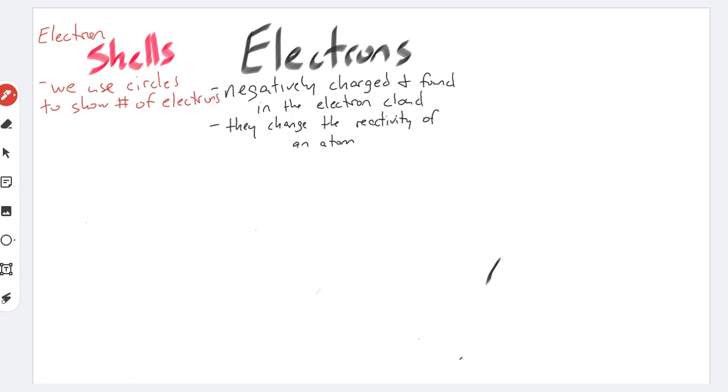We use circles to show the number of electrons, and this will make sense in a second when we start drawing. And when drawing this type of model, we don't draw each proton and neutron.